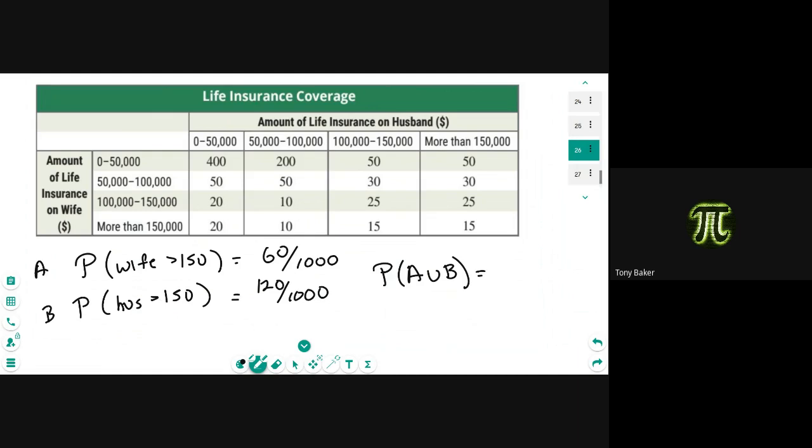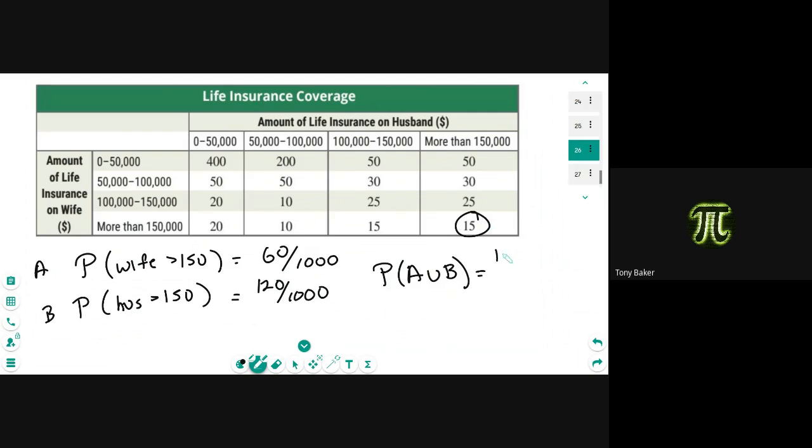So we have to ask ourselves a question before we do this. Are these two events mutually exclusive? Okay, where's the overlap? We have an overlap right here. We counted that number twice, correct? So I have to add these two and subtract off that 15.